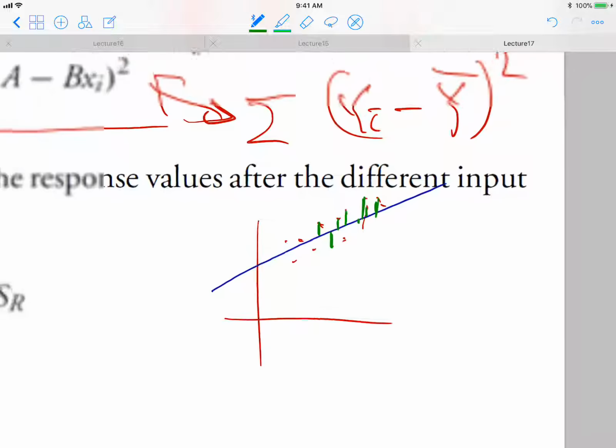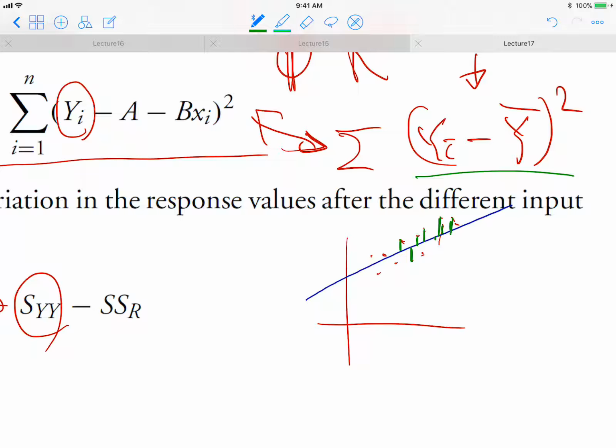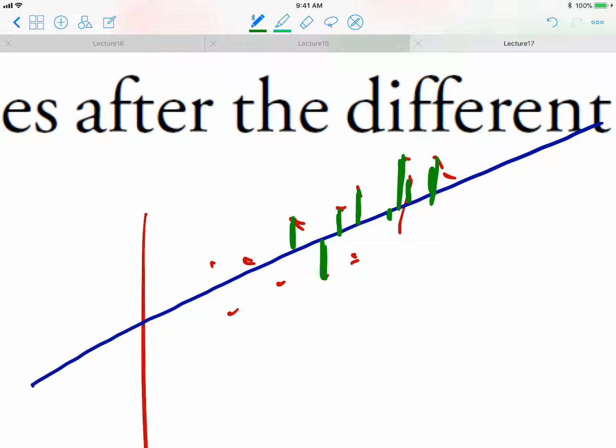But what about this? y bar is somewhere around here, and you can view it as a flat linear regression line, where we do not allow any non-zero slope.